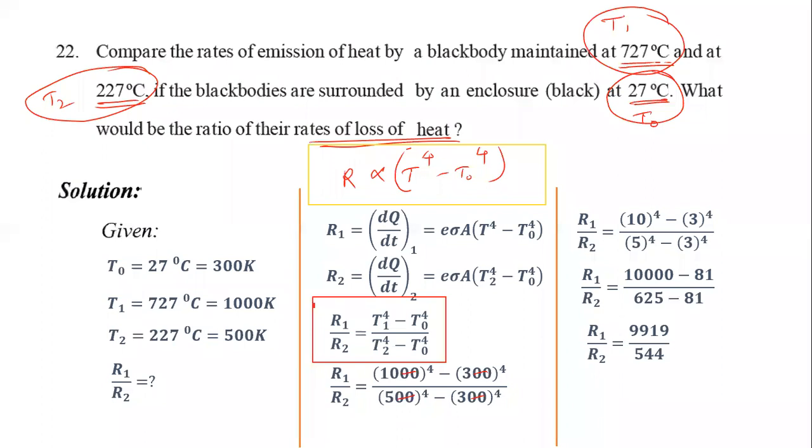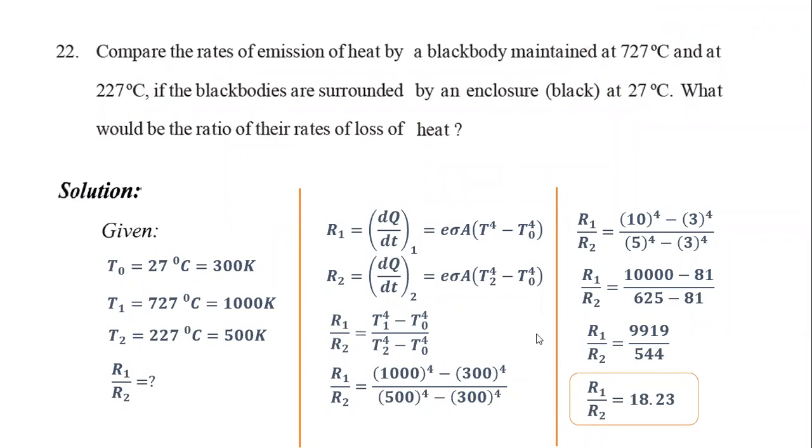Then we simplify and we get 18.23. So the answer is R1 by R2 is 18.23 to 1. This is the answer for the ratio of rate of loss of heat. This is a simple calculation that you can find out by using a log table. Now we start the next question.